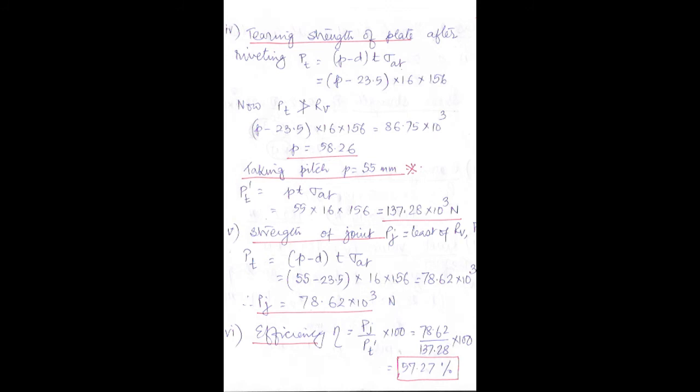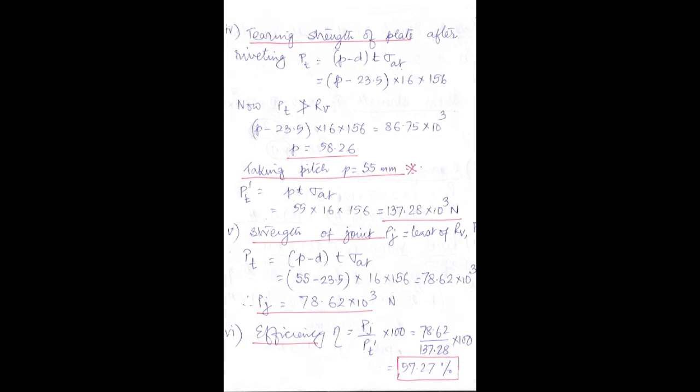Now remember that the tearing strength of the plate after riveting should not exceed the rivet value, because then the joint will fail. So there is no purpose of designing the joint, correct? So what we should do here is equate the value of PT with the rivet value.